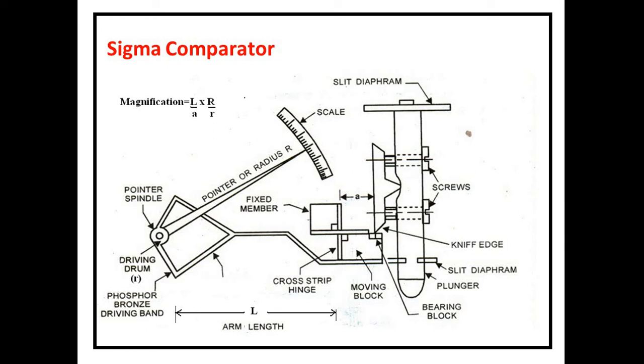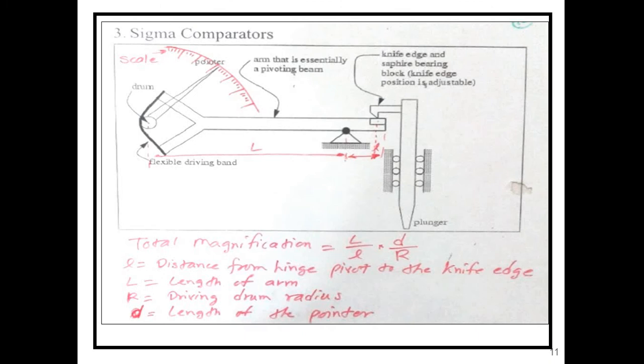So here we get the second stage magnification, that is capital R divided by small r, where capital R is the length of the pointer and small r is the radius of the drum. So this is the sigma comparator. It is a mechanical comparator. The same is shown here.